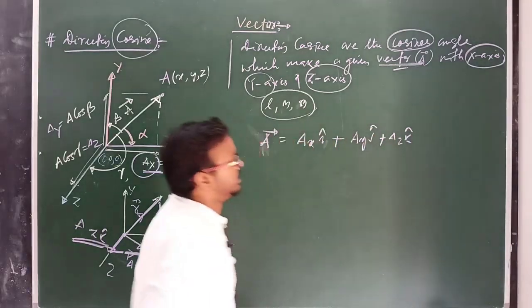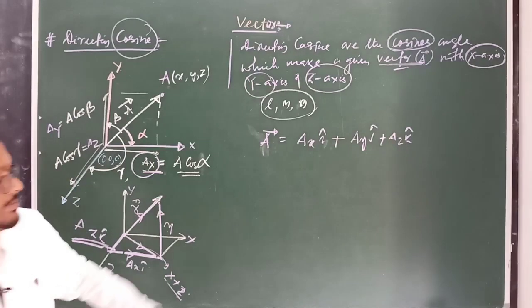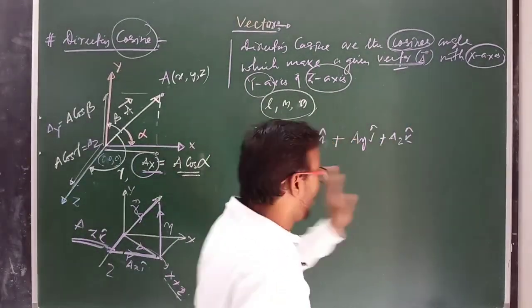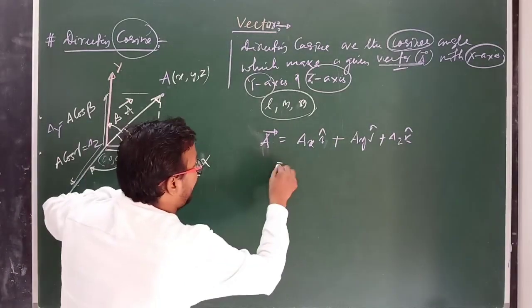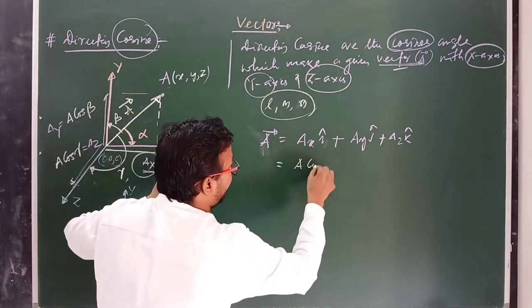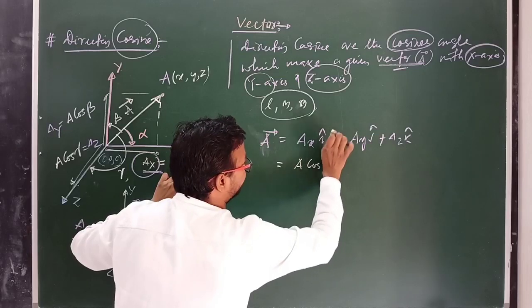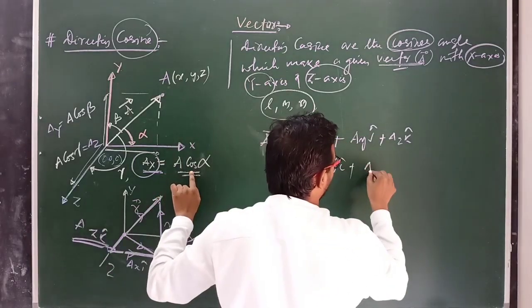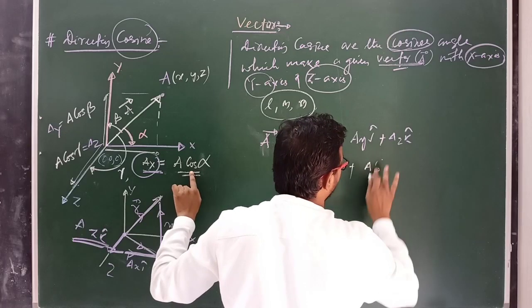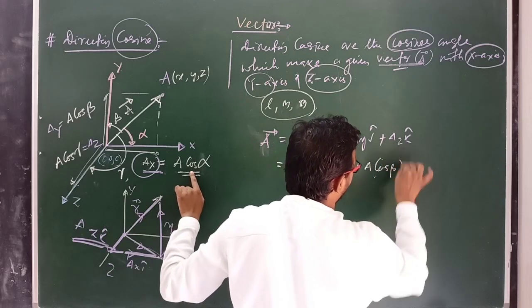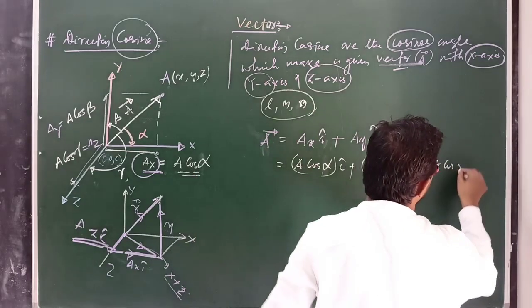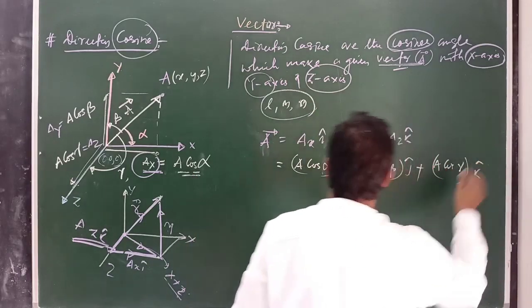I don't write it directly as ax i cap, ay j cap, az k cap, but here ax is a cos alpha, so a cos alpha i cap, and here a cos beta j cap plus a cos gamma k cap.